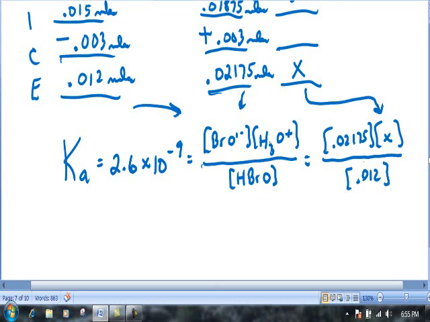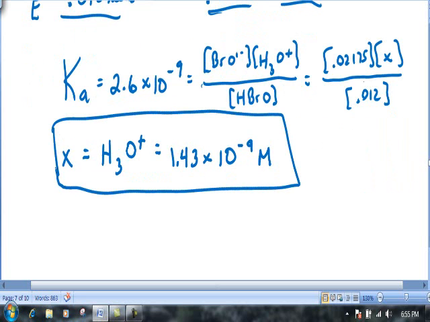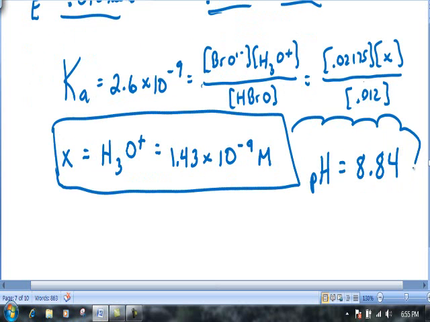Solving for X gives us a hydronium of 1.43 times 10 to the negative 9th molar, which leads us to a pH for this buffer system of 8.84, which is what the pH is after we've added the sodium hydroxide to the system and the buffer responded to that sodium hydroxide addition.